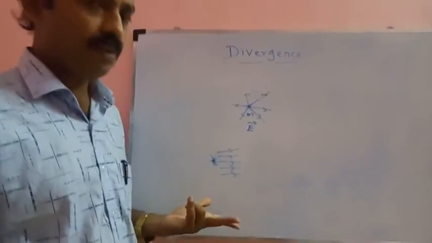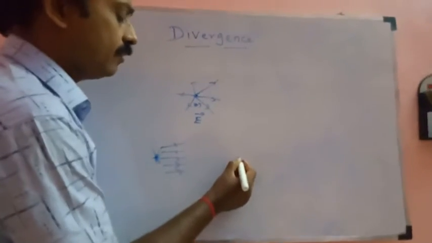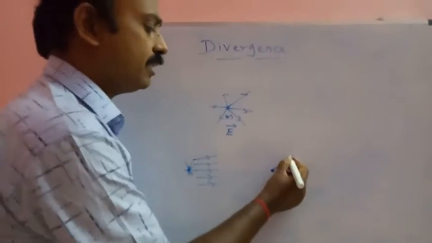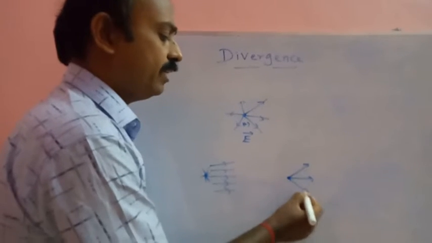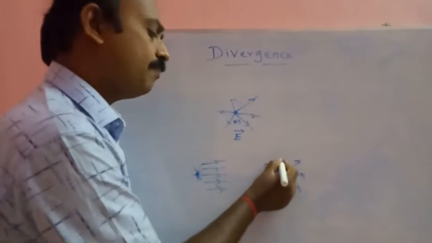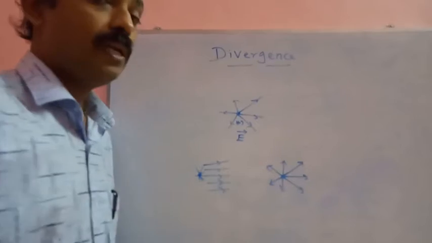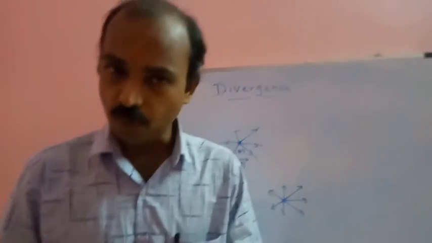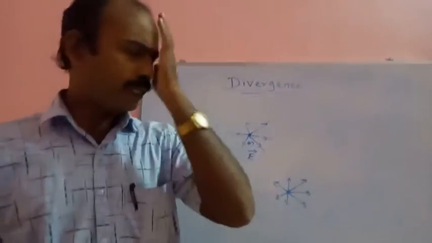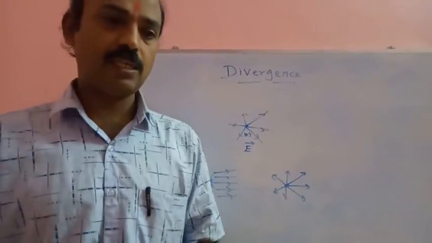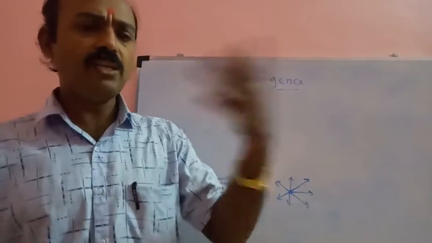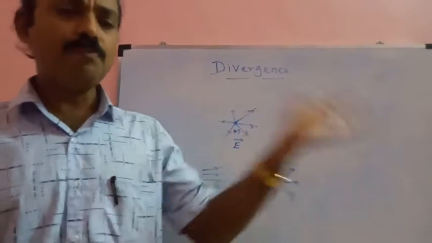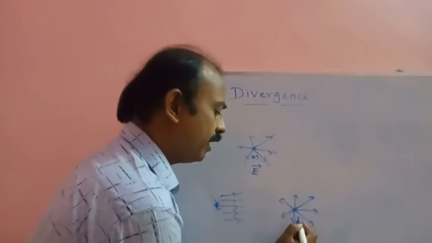So for example, f is one vector. It's the divergence of a vector field f. F may be a force, electric force in case of charges. That you can also express in terms of divergence. The divergence of a vector f at a point P. Suppose this is a point P.